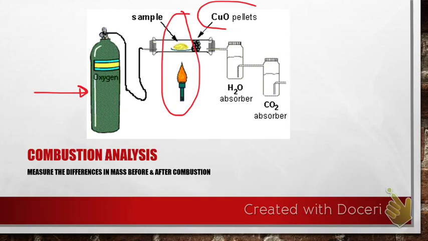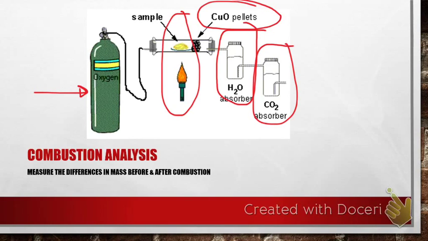All that the copper oxide pellets are for is to help make sure that all of the carbon is converted to carbon dioxide. Then the hydrogens are converted into water due to the combustion reaction. So you have some sort of material here that will absorb the water. Then the carbon dioxide gets absorbed by a carbon dioxide absorber, and any remaining oxygen in the form of O2 escapes the apparatus.